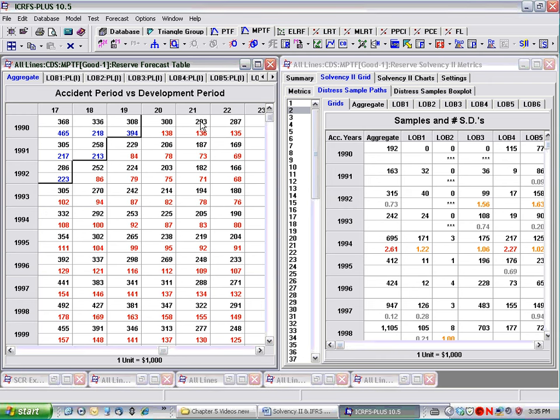What we observed in this particular cell, development year 20, we observed at 192. Well, the fact there's no number below it, if it was above the mean, that observation is obviously less than the mean, it'll tell us how many standard deviations above the mean. In aggregate, we observed 163 in that cell and so on.